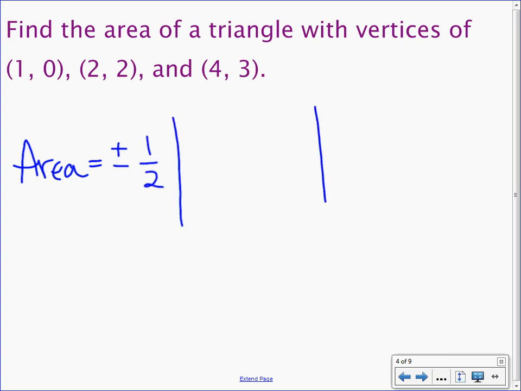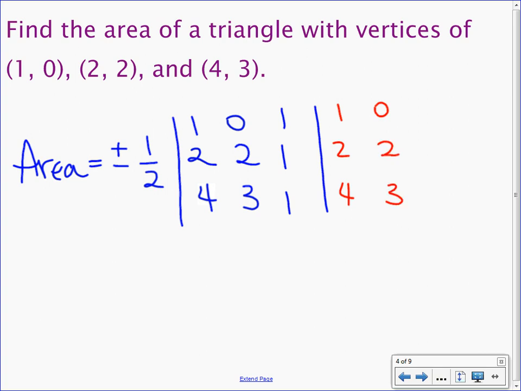We're going to have a 3 by 3 determinant where we're just going to plug in our coordinates in the rows, x, y, x, y, x, y, and then our third column is 1, which actually makes it nice because 1 is a nice number to multiply by. And look, we have a 0. That's going to be nice too, right? It's 1, 1, 1.